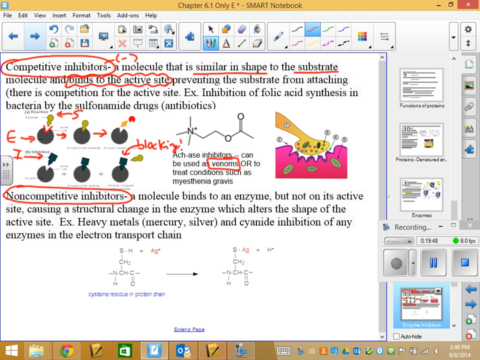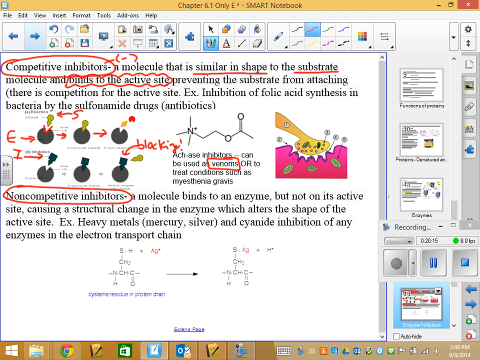It is the molecule basically that lets your nerves and your muscles communicate and tells your muscles to do something. Now a molecule that inhibits the enzyme that breaks it down, I could use that as a venom, so like a poison, a toxin, or sometimes something that's a venom for one person is actually medicine for another.